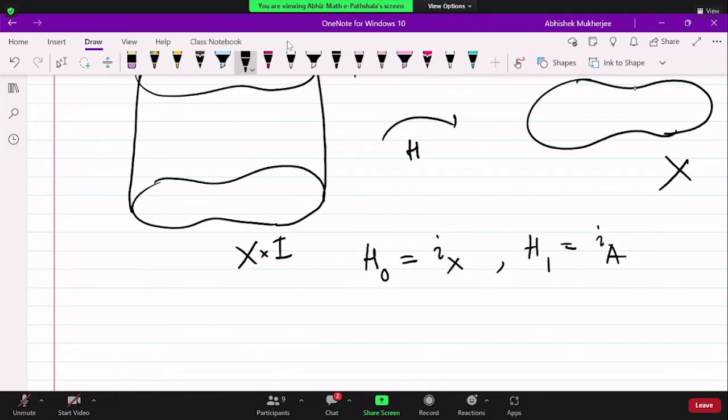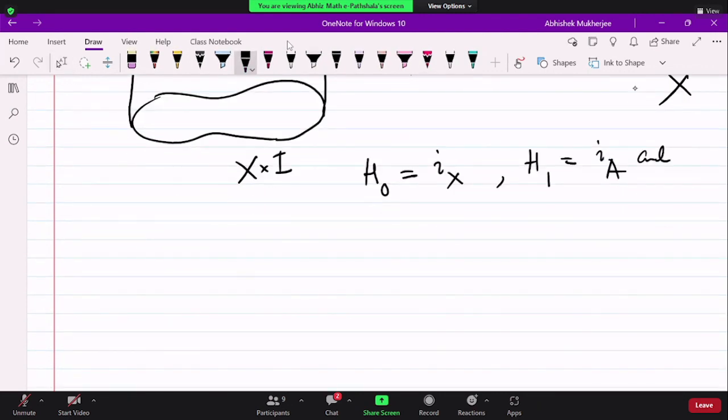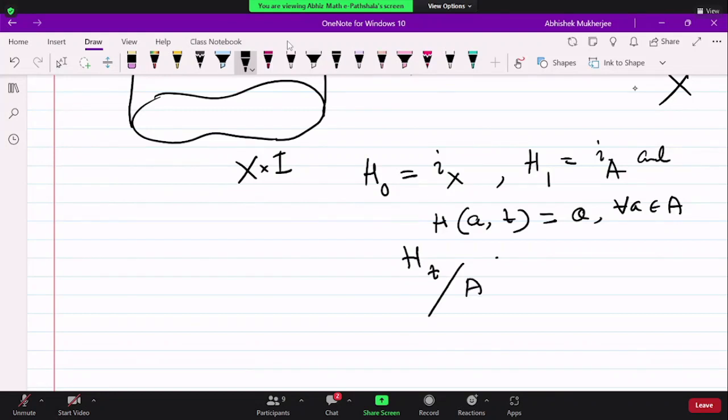And not only that, you can see that during the deformation, A remains fixed. That means H of A comma T must be A for all A belonging to this. That means if you restrict those maps HT to A, that will be the identity map.